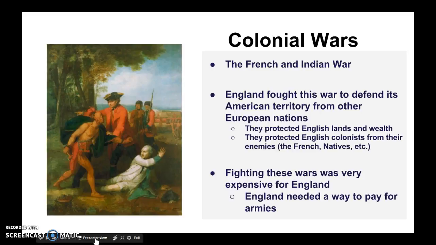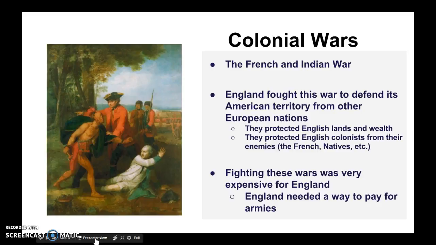There was a war going on for land simultaneously in Europe, but the conflict that happened in North America is referred to as the French and Indian War because it's the English and their colonists versus the French colonists in Canada, and Native Americans. And this was fought entirely for land. England wanted land that France controlled in North America, and they fought one another for it, essentially.